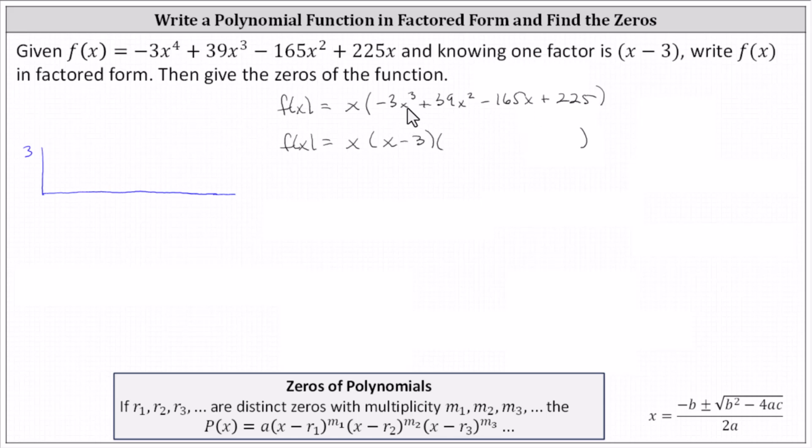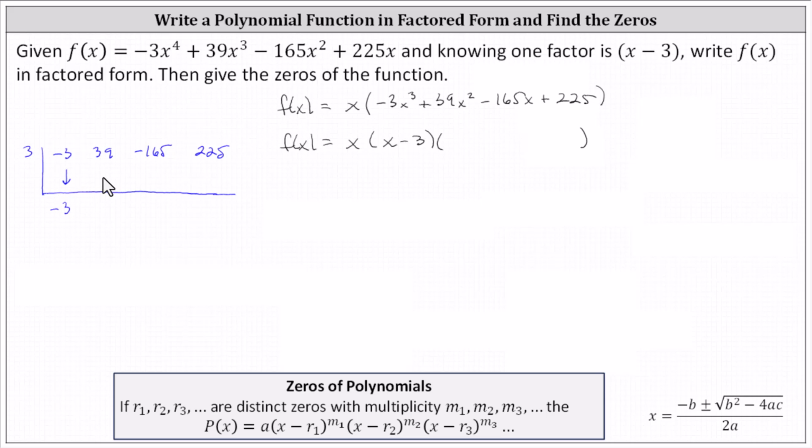And therefore the coefficients are negative 3, 39, negative 165, and 225. And because x minus 3 is a factor, we should get a remainder of 0. To begin, we bring the negative 3 down, then multiply by 3.